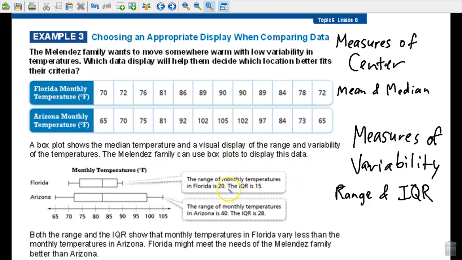It's hard to make straight lines, especially going sideways. The IQR is 15, okay? And the range is 20. That's Florida. In Arizona, the range is clearly a lot bigger. The range of monthly temperatures in Arizona is 40, and the IQR is 28. Okay?